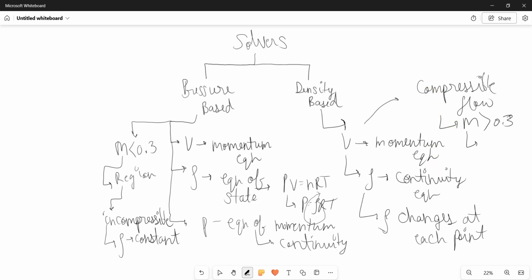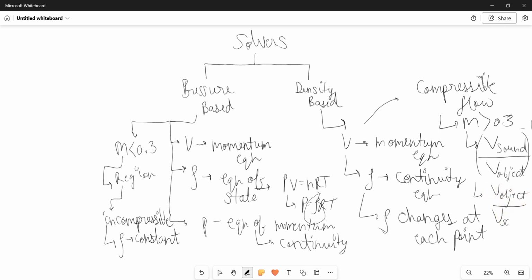I'll just write this in case anyone doesn't know. This is the velocity of the object that you are comparing, divided by the velocity of sound. If I'm taking a rocket, then the velocity of the rocket will come here. My bad, it's V of object divided by V of sound.